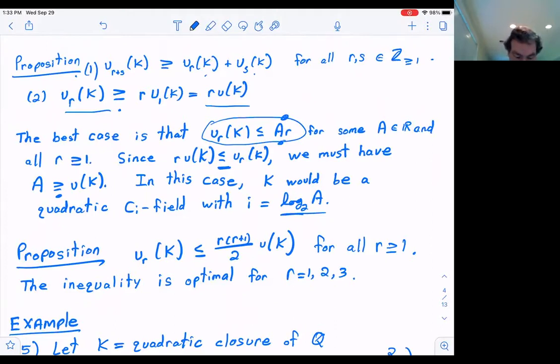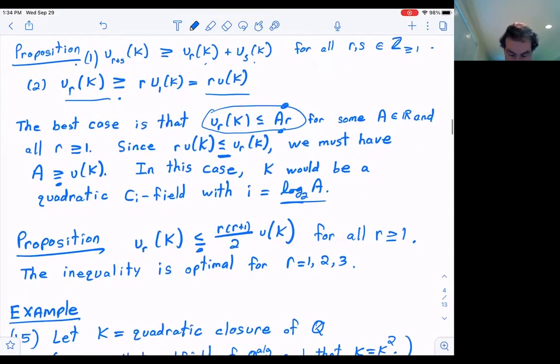This quadratic growth was a theorem I proved really early in my career, a long time ago, and there have been no improvements since then. So on the one hand, we cannot get better than a quadratic bound, but we have no counterexamples that it's not always a linear bound. Very strange. Let me give some examples to show that this is optimal for r equals 1, 2, and 3.